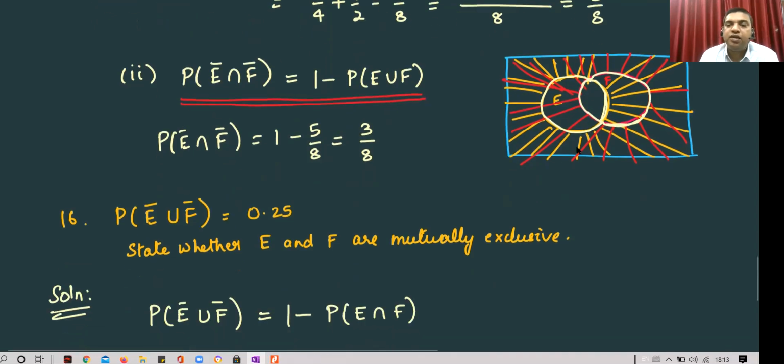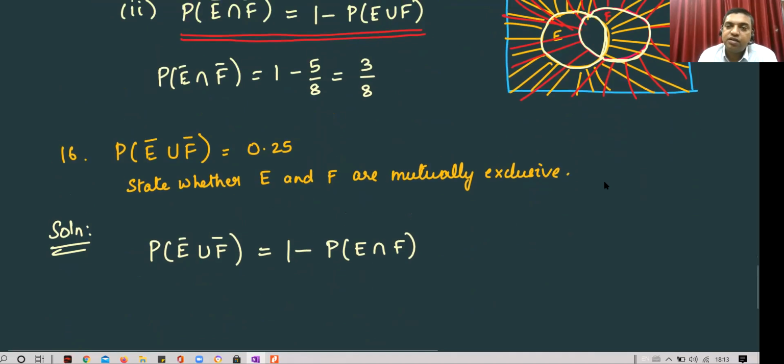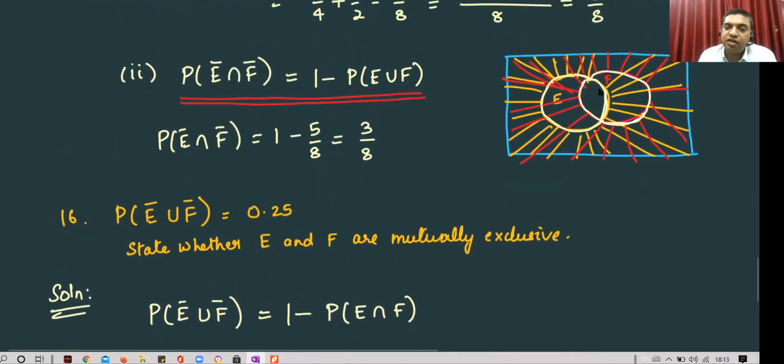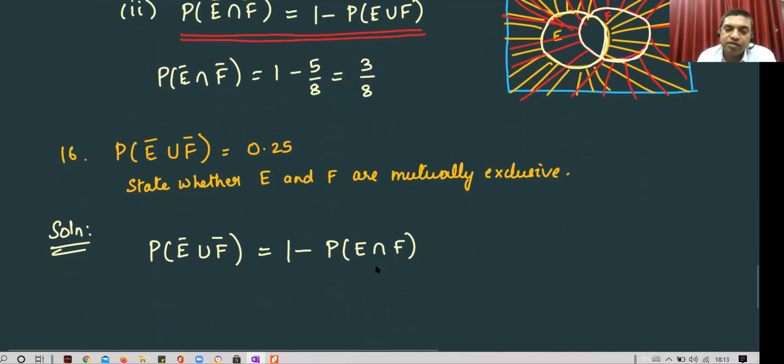So when you say not E union not F, it is 1 minus, other than this unshaded region, all has to be taken. So you get 1 minus P of E intersection F. So this 1 minus P of E intersection F is 0.25.